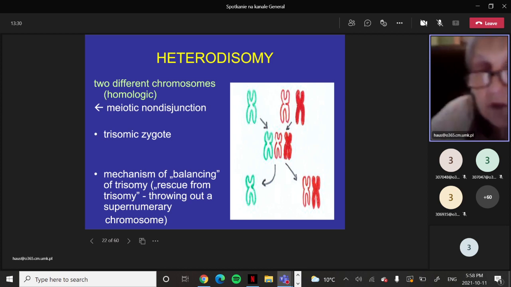This Y chromosome is filled with the red stain, and these empty chromosomes are X chromosomes.